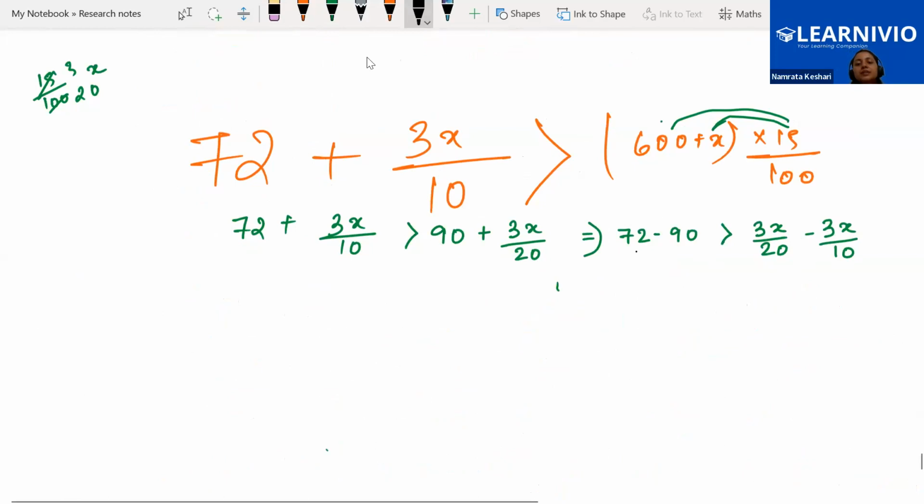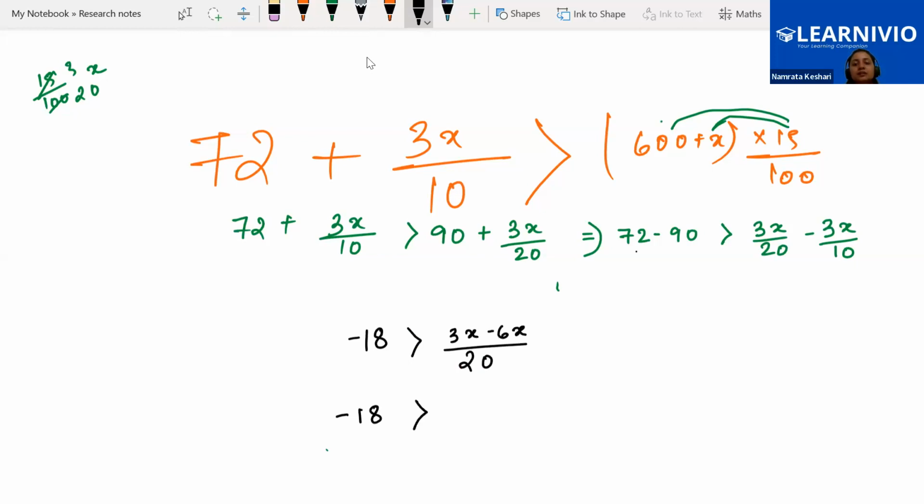So we have 72 minus 90. 10 minus 2, 8. 8 minus 7, 1. Minus 18. Bigger than, the LCM is 20. 3x minus 6x. Minus 18 bigger than minus 3x by 20.